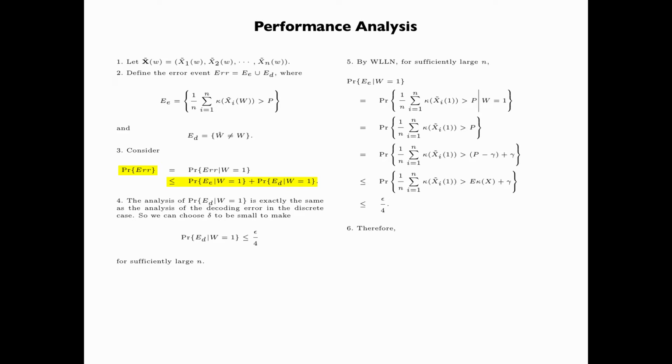Therefore, from here, here, and here, we obtain that the probability of the error event is less than or equal to epsilon over 2.